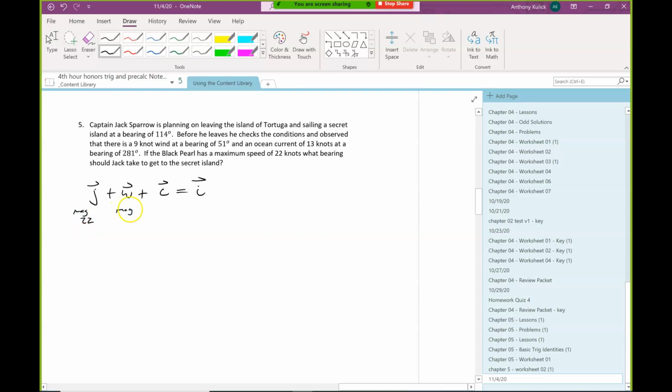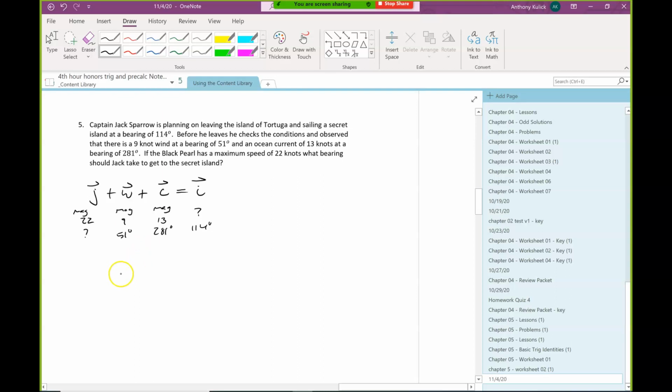For the wind, the magnitude is 9, and the bearing is 51. We don't know the bearing that Captain Sparrow needs to take. The current has a magnitude of 13 and a bearing of 281. And we don't know the speed that we're going to be going to the island, but we know the bearing has to be 114. So far, so good with that?